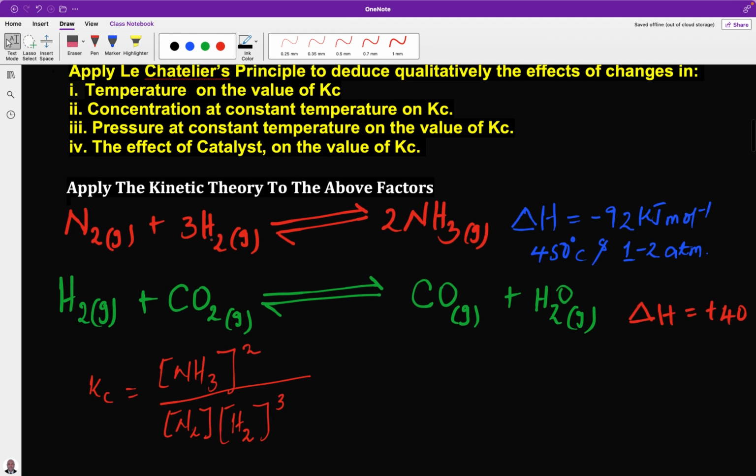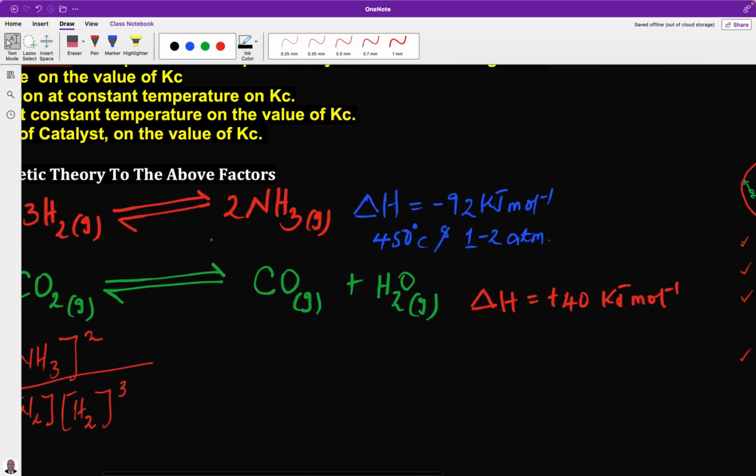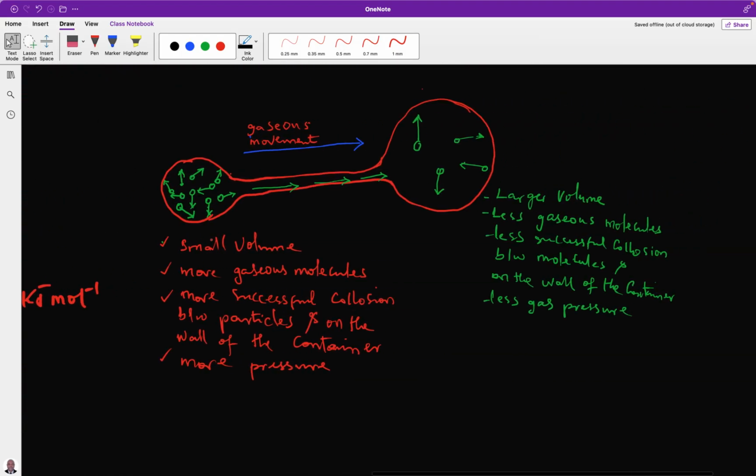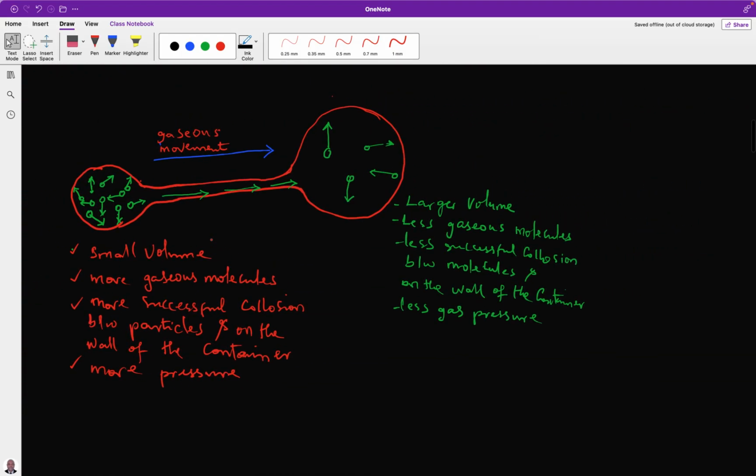Let me just illustrate this to you to understand better. I have a system here. This is a balloon. We have a smaller volume and a larger volume connected by a pipe.